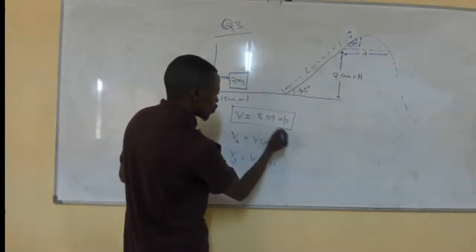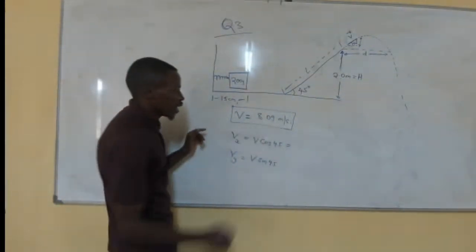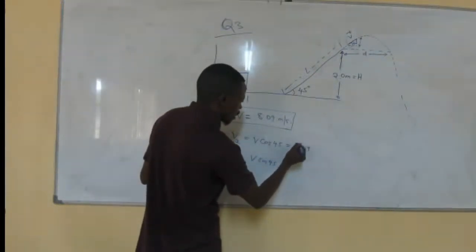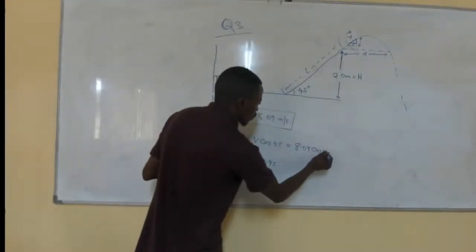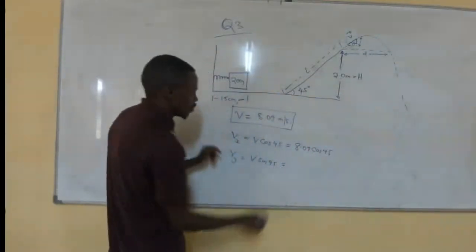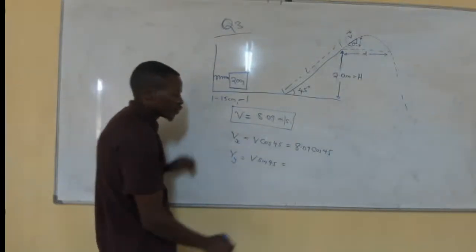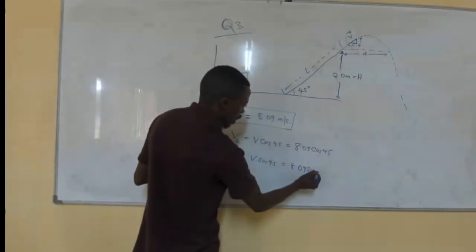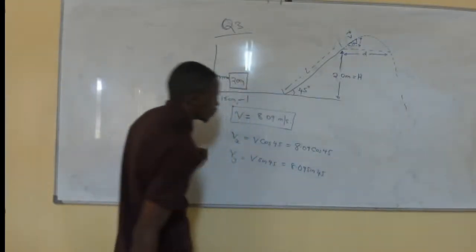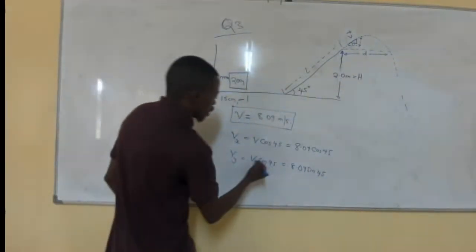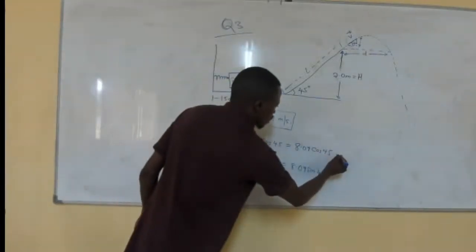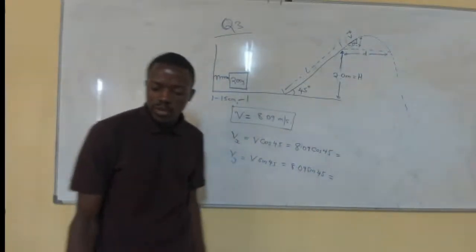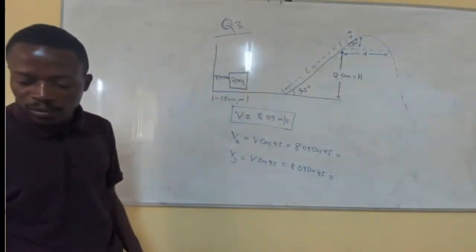I know V is 8.09, so if I replace that into that, I'll have 8.09 cos 45. And if I do the same to the vertical component of V, that is 8.09 sine 45. If I evaluate this, remember that cos 45 is the same as sine 45, so we expect to have the same values.